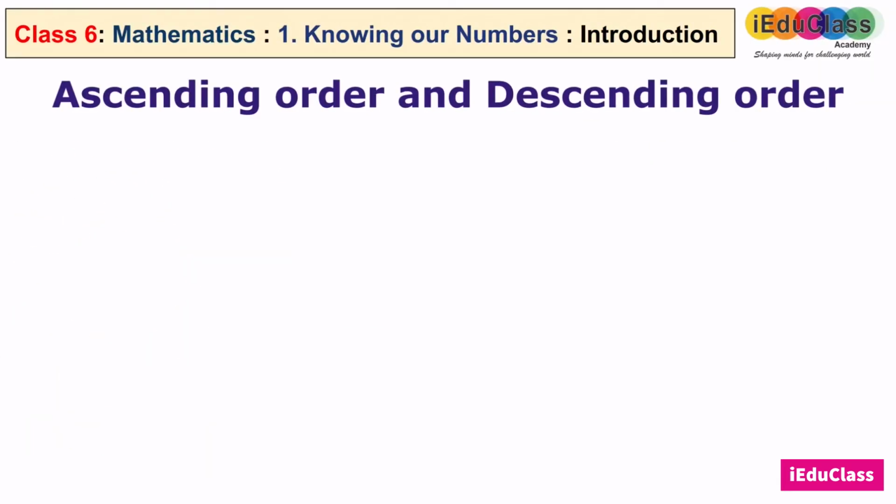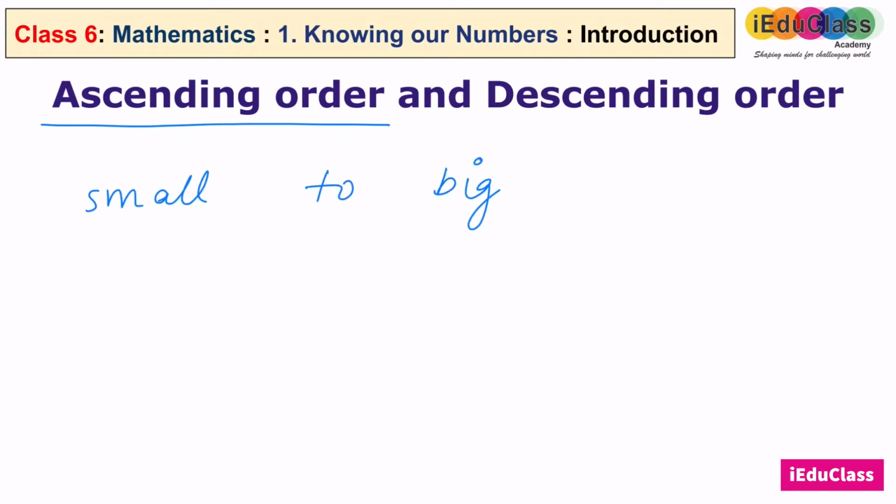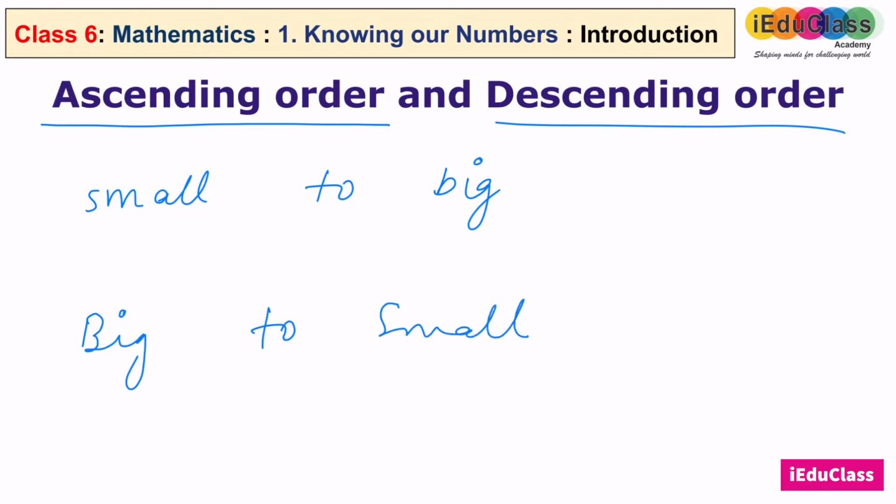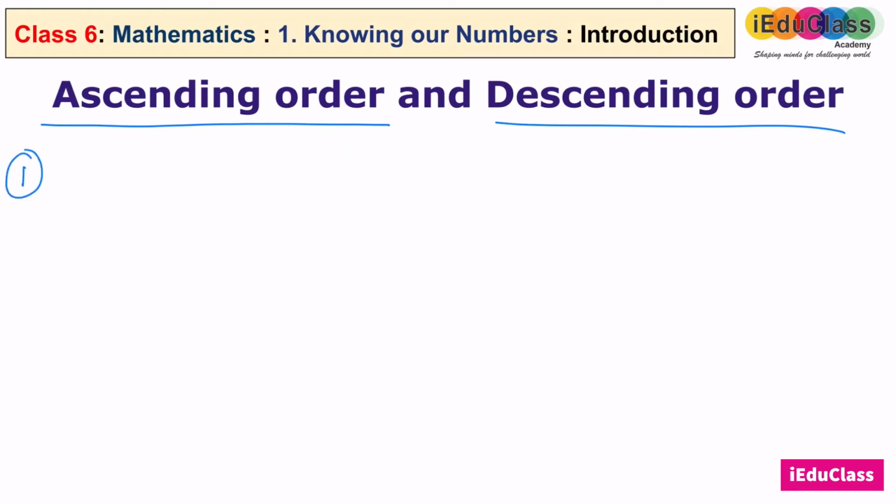The other topic is ascending order and descending order. Ascending order means small to big, smaller numbers to bigger numbers, and descending order means big numbers to small numbers. Let's write a few examples and see. Okay, I'm writing a question.